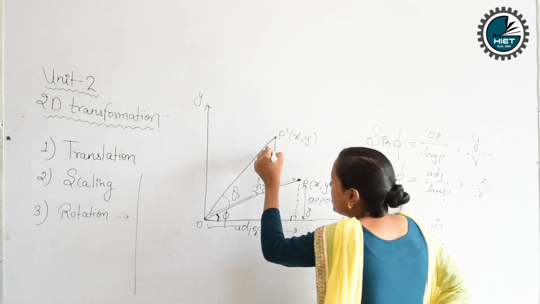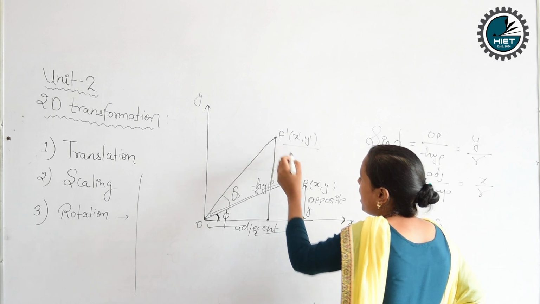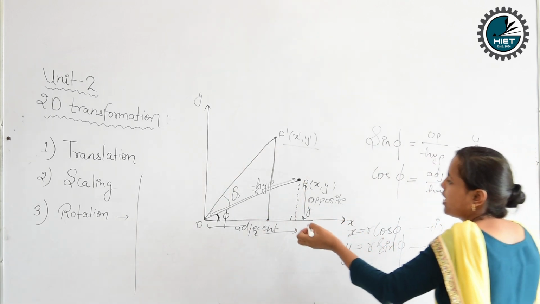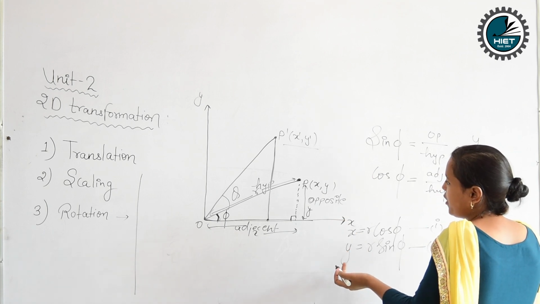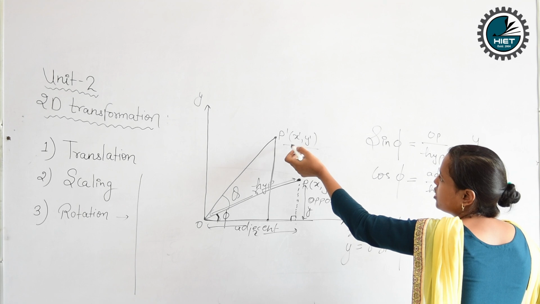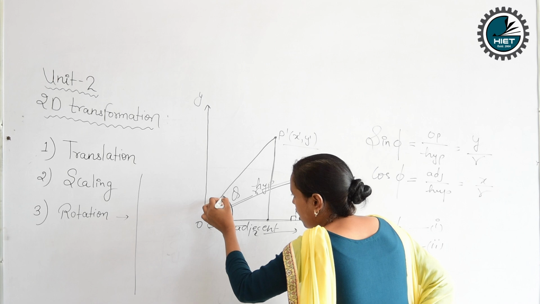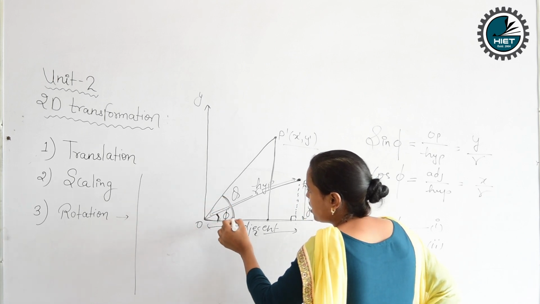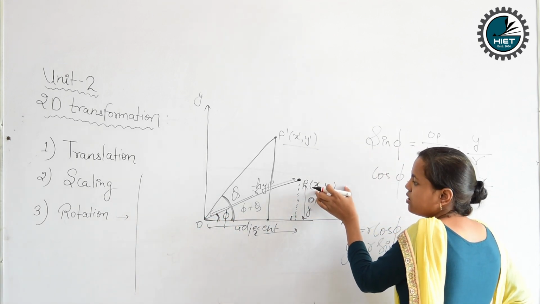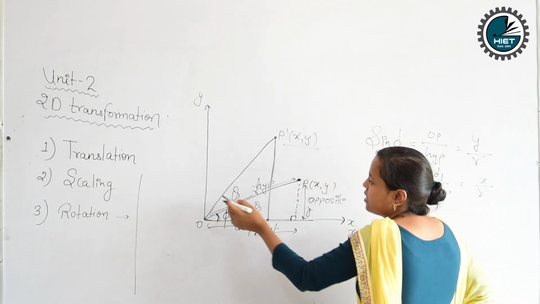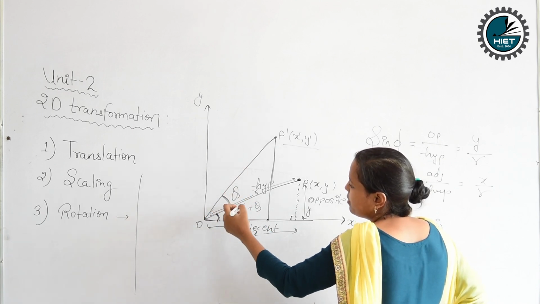So we have to find the new coordinate. How can we find the new coordinate? Following the old coordinate equations, we calculate the new point P dash, whose coordinate will be x dash comma y dash. This is the rotation from the origin. What is the rotation? Phi plus theta, because the phi angle is for the original coordinate from the origin, and the total rotation from the origin will be phi plus theta.